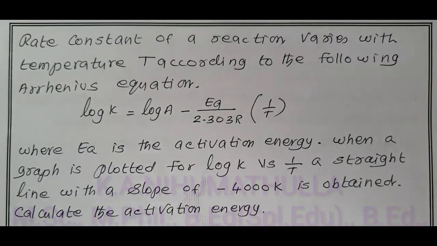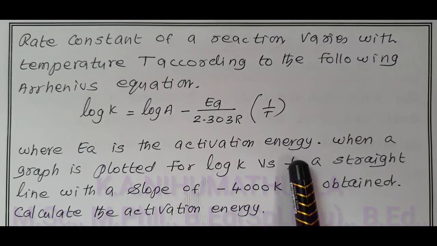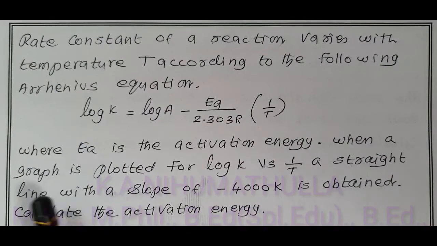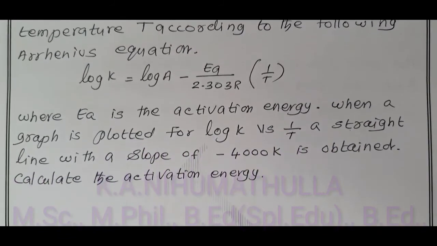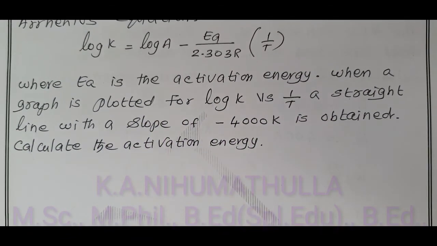When a graph is plotted for log K versus 1 by T, a straight line with a slope of minus 4000 Kelvin is obtained. Calculate the activation energy. Here also we are going to calculate activation energy.